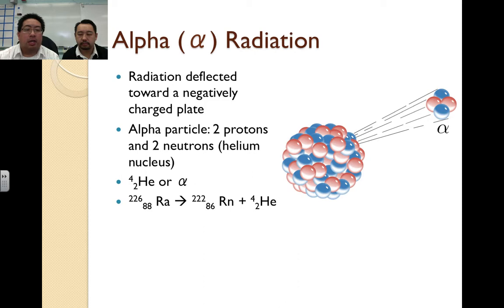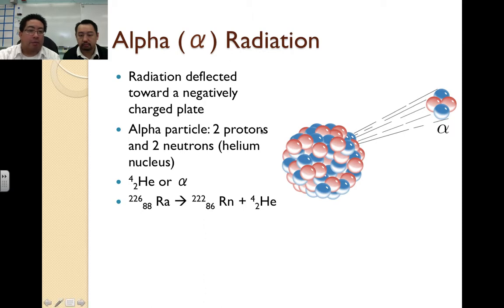Alpha particles are composed of 2 protons and 2 neutrons, which is basically the nucleus of a helium atom, minus the electrons. Also realize that as far as the types of radiation are concerned, alpha radiation is, in a sense, the least dangerous and can be blocked with a sheet of paper.